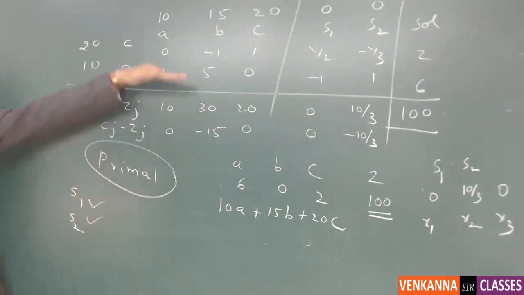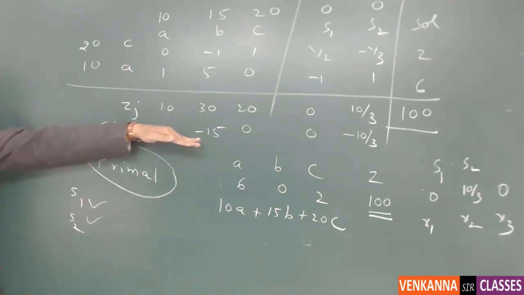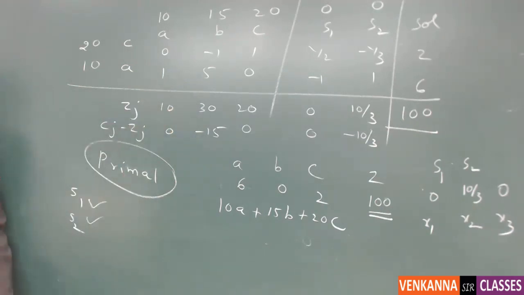Otherwise, writing the dual and getting its solution is enough. There is no need to interpret primal from the dual. They won't ask. If at all they ask, then only we will write the solution of the primal.